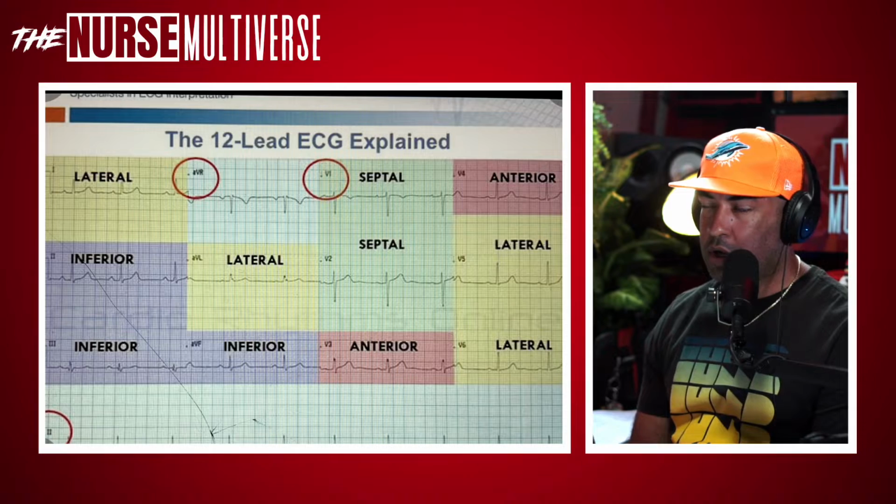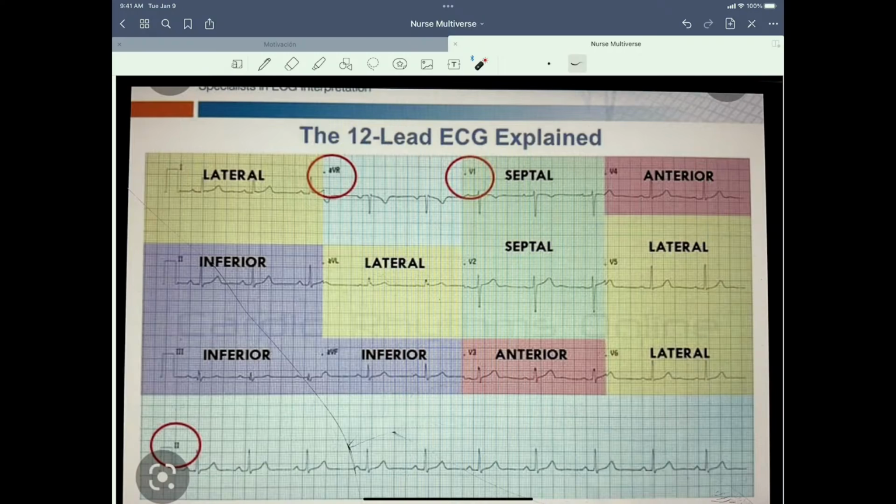When you have changes in waveforms in the different leads, that indicates a different problem. I'm not going to cover what specific problem each indicates, but lead one is lateral, lead two inferior, lead three inferior.